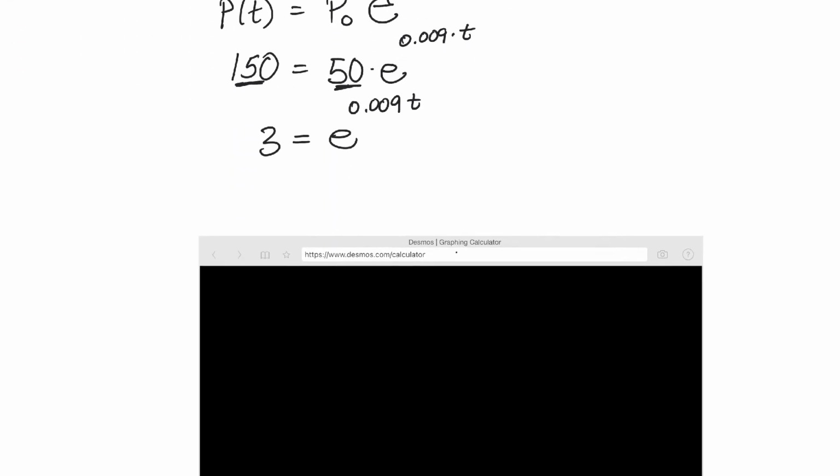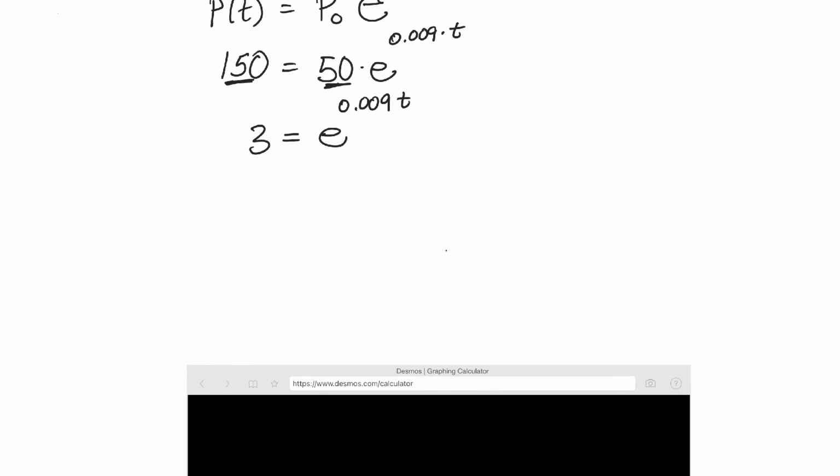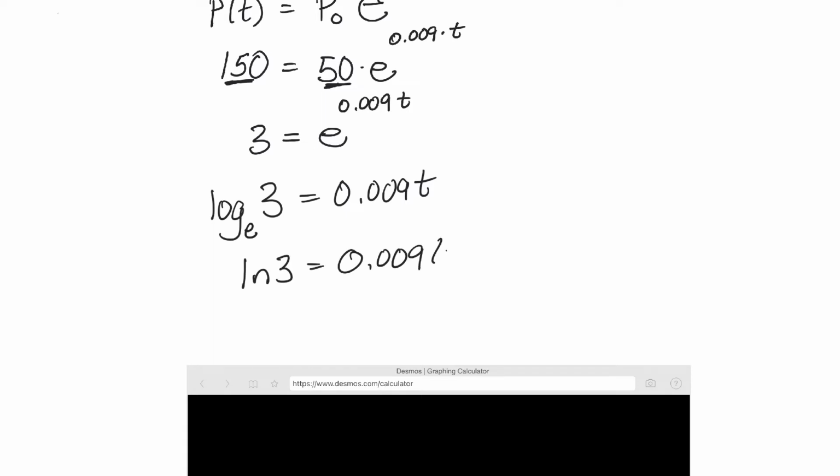And then I'll change this from exponential to log form. So log base e of 3 is equal to 0.009 t, or log base e is the same thing as ln of 3. And then to solve for t, I'll divide both sides by 0.009.